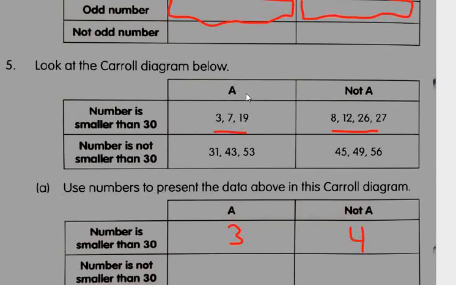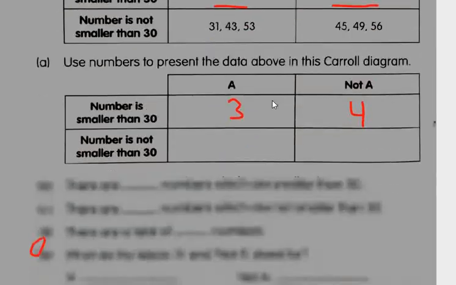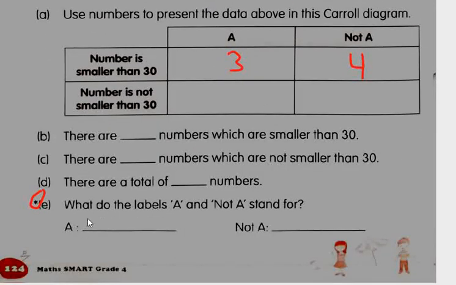So what kind of number is it? It is prime, right? It is a prime number. So let's put the answer here. A is prime numbers, and not A is not a prime number.